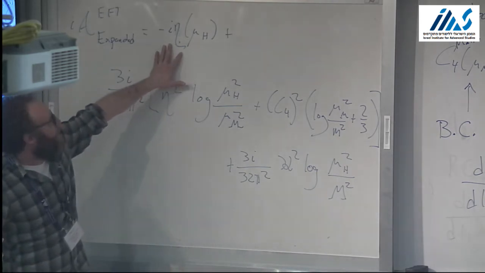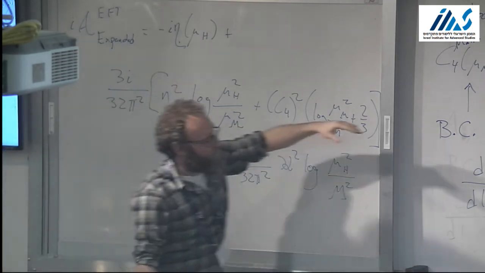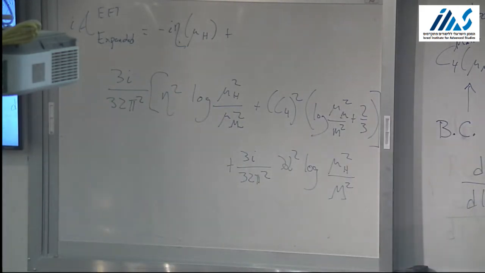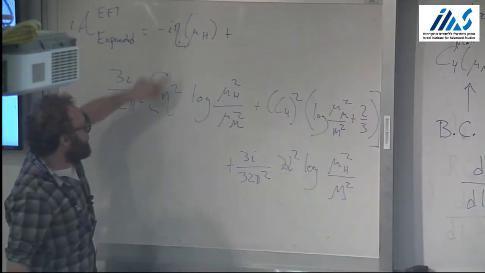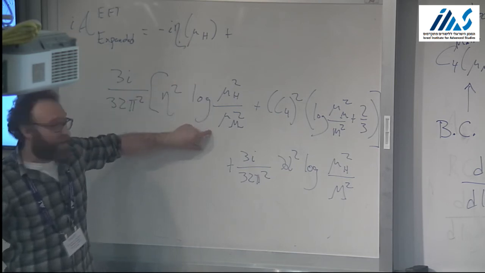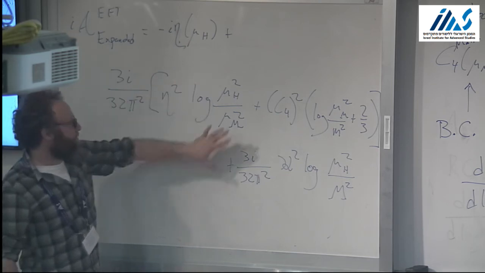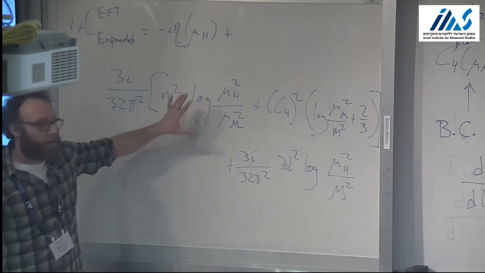We have our tree level coupling at the high scale, where we matched string theory onto some field theory. We integrate down to our heavy particle scale M using RGEs. So that is captured by this. This log is going from mu high to mu match. This is the RGEs in the full theory. So I would sum this log by doing RGEs in the full theory, just like we did yesterday.